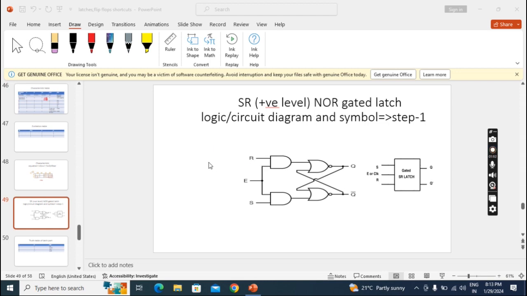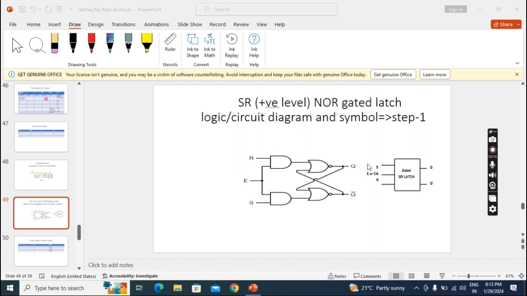But if we take non-gated NAND and NOR, they behave differently. The truth table will be different. That's the drawback there. Some more drawbacks are also there with latches, which we will discuss later.